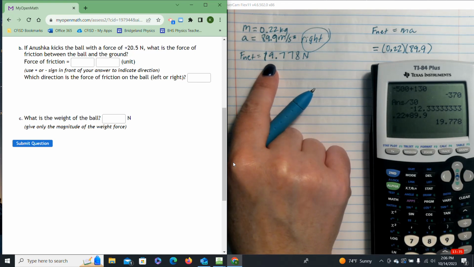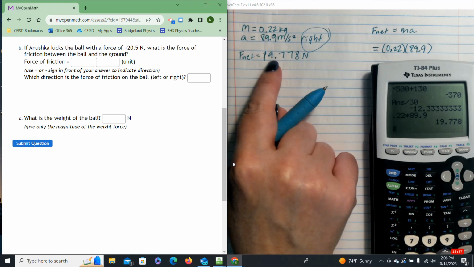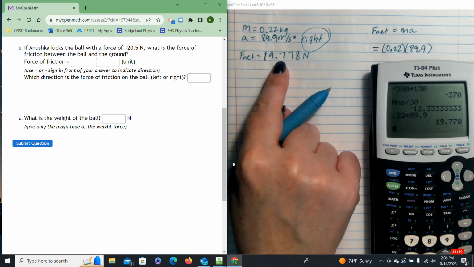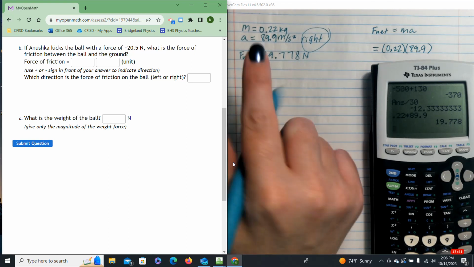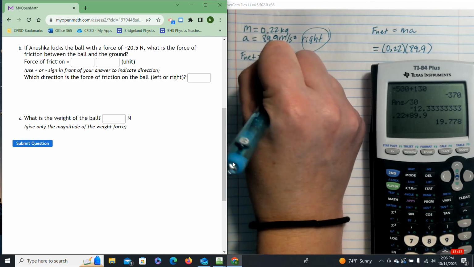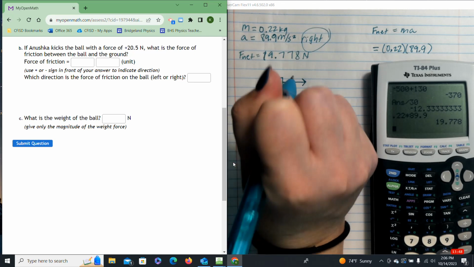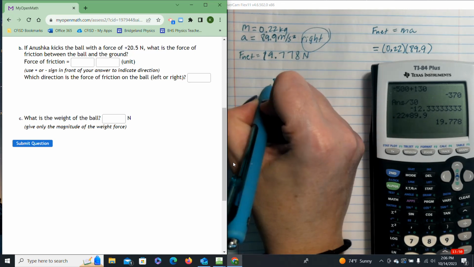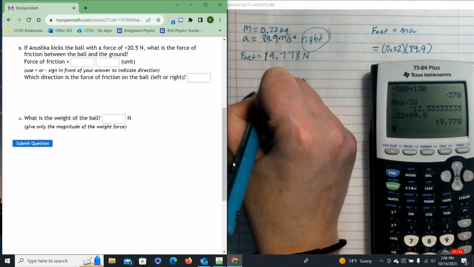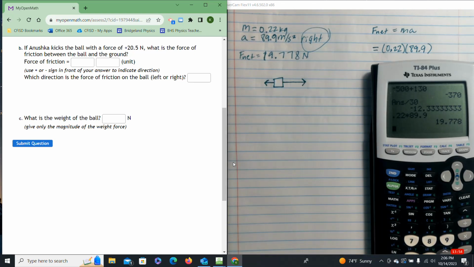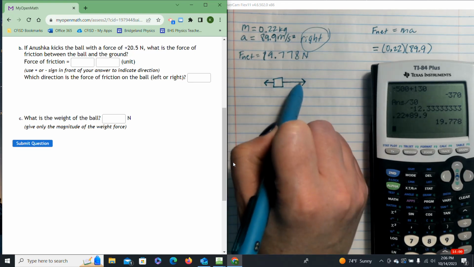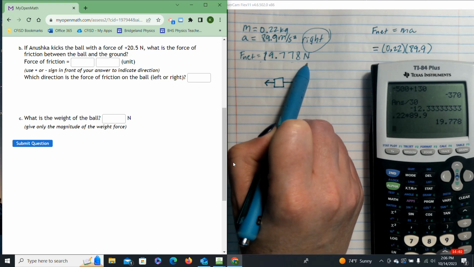This question is telling me that she's actually kicking it with more force than this, which makes sense if there's friction. Because if there's friction, let's draw this in a free body diagram, then she has the force she's applying going this way, okay? But some of that force is being used to overcome the friction, and so although she's kicking with 20.5 newtons, the total ends up only being 19.778.